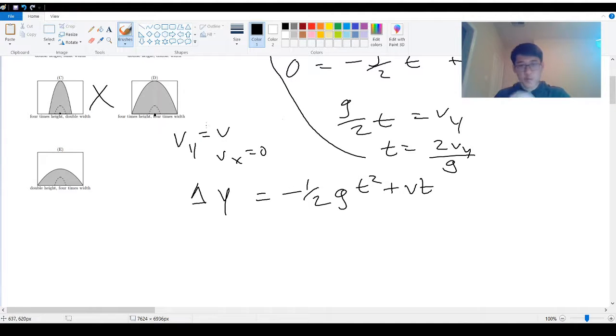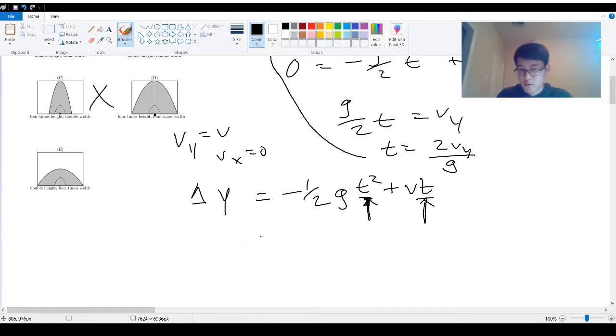We want this in terms of v, not time, so we need to find the time it takes to reach exactly the top of the trajectory.